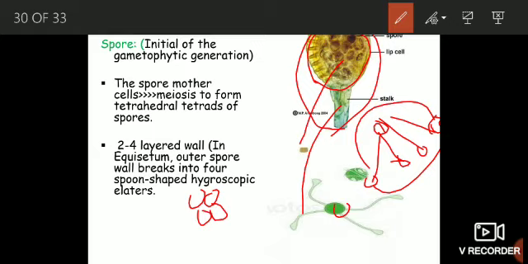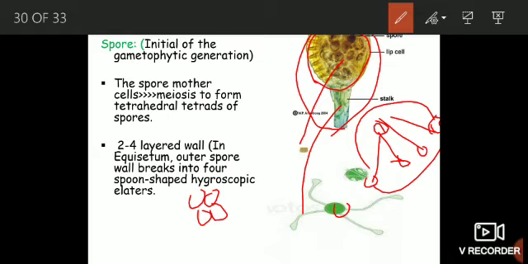This is what tetrads of spores means. That means inside the body of the sporangium, spore mother cells which are determined to become spores undergo meiosis and result in the formation of tetrads of spores.